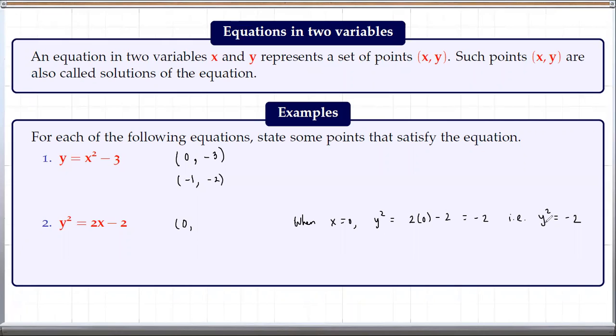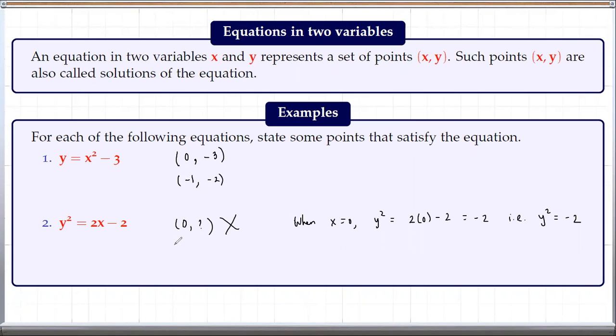How will the value of y look when y squared is negative 2? We have a squared number on one side and a negative number on the other side, which is not possible because any number squared is always positive. So in this case, we can't have 0 for x in the solution of this equation. So this simply doesn't work.